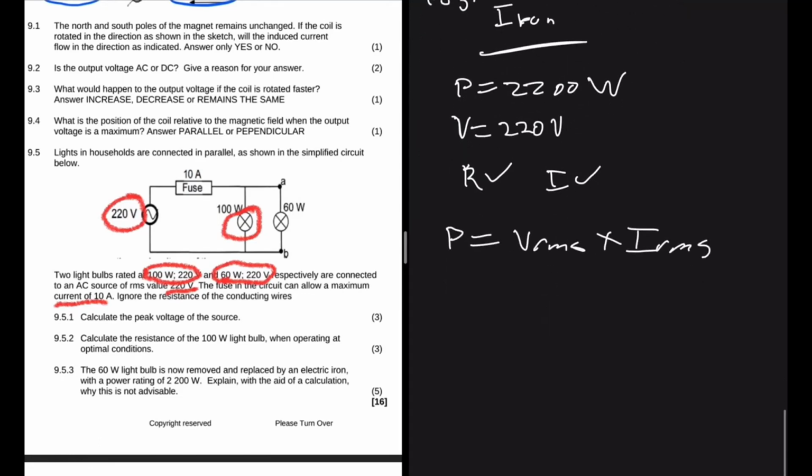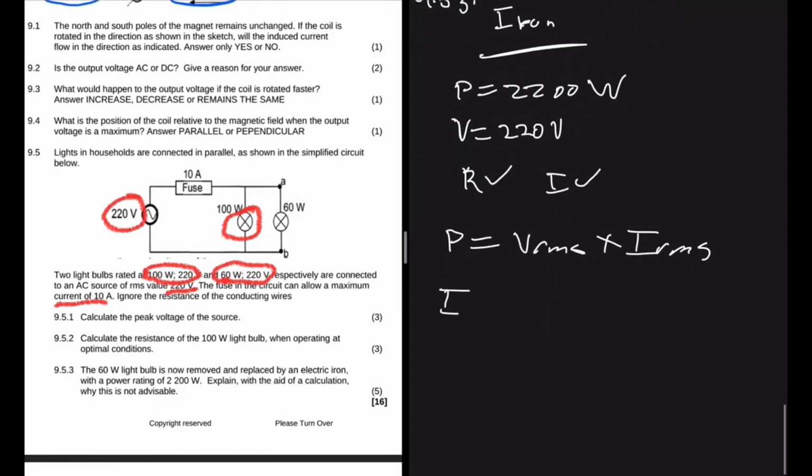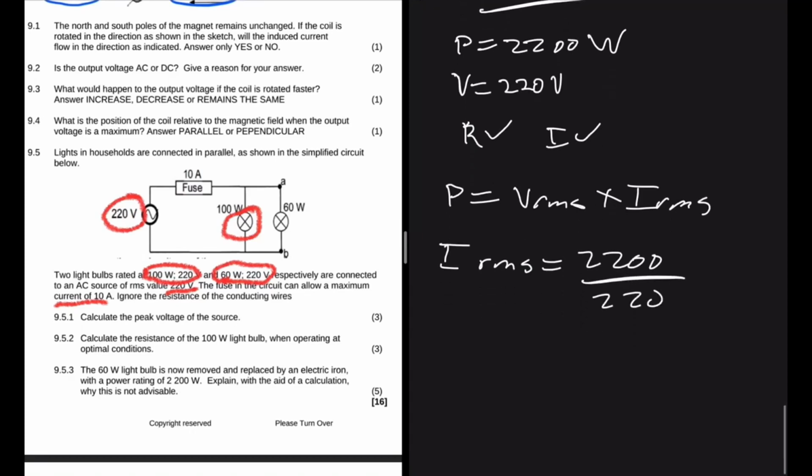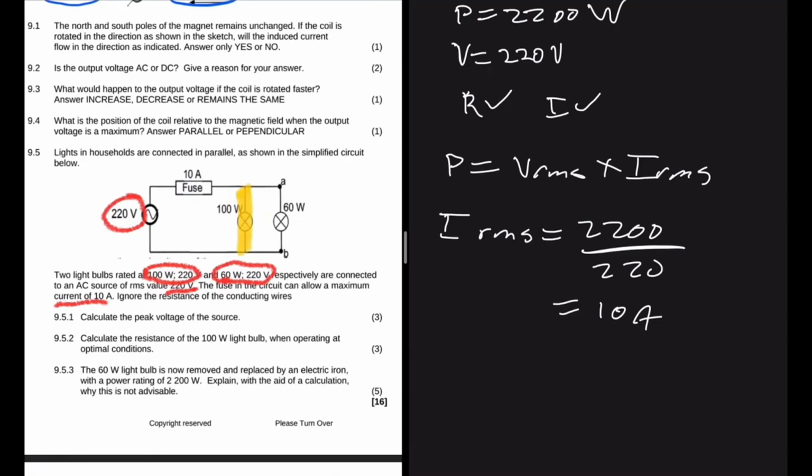So our IRMS will be equal to the power, which is 2200 divided by 220, and this will be equal to 10 amps. So on this line here that I'm circling now in yellow, let me just make that more appealing, we're going to have 10 amps, right?